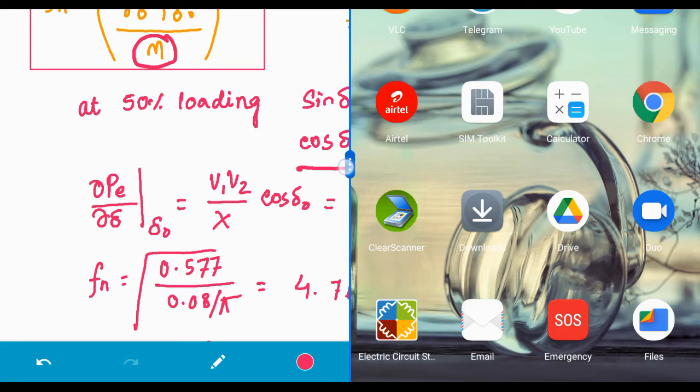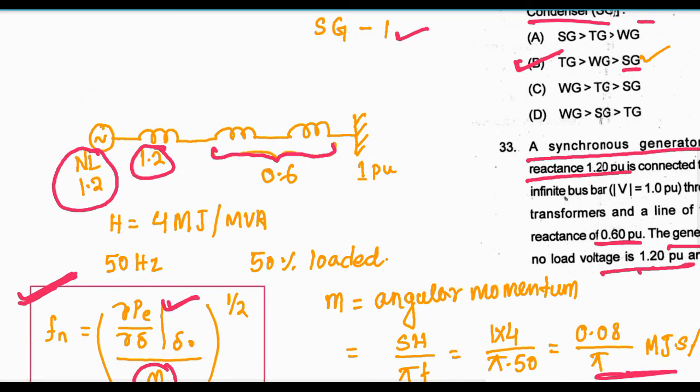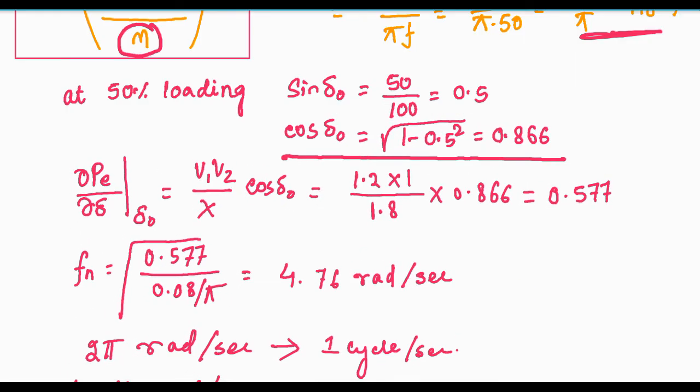So this is V1 V2 by X, where X is the complete reactance, into cos delta naught, which is equal to 1.2 into 1 by 1.8, because here 1.8 is the total reactance, 1.2 plus 0.6, into cos delta naught, which is 0.866.